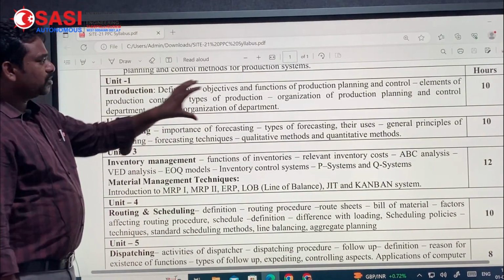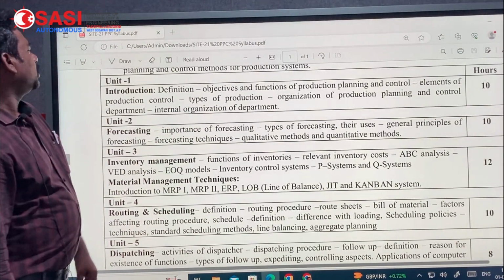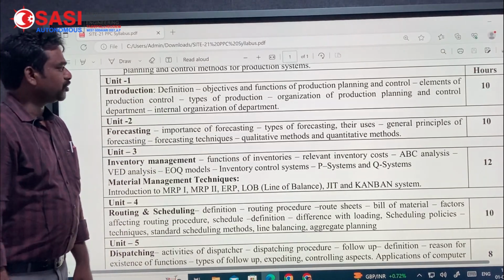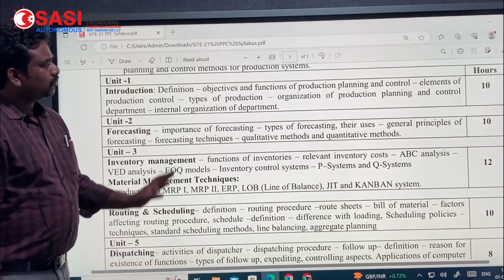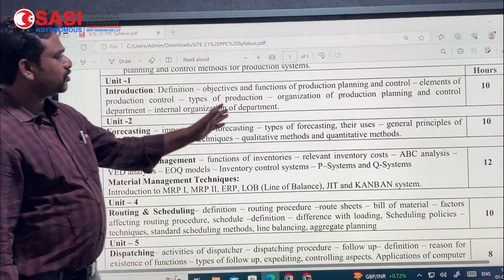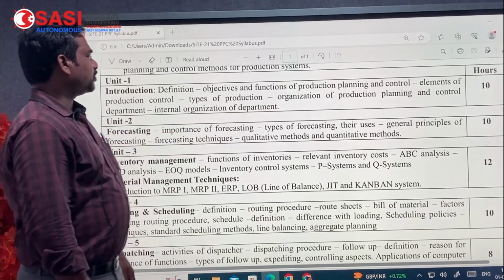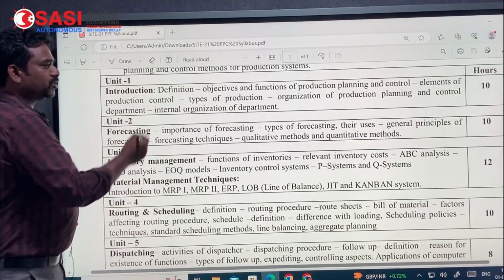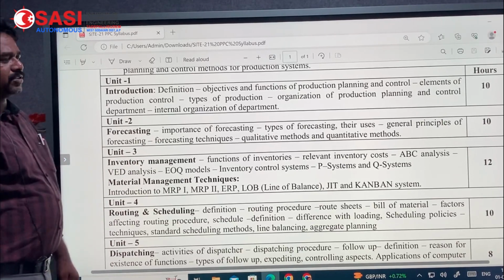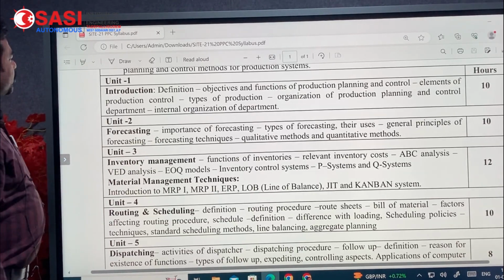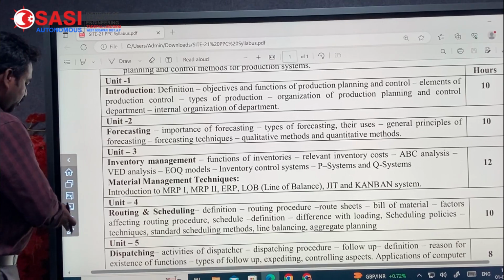We are going to see these. So these topics we are going to cover in the first unit: the definitions, objectives, functions, and elements, the various production systems, and the structure of the organizations.